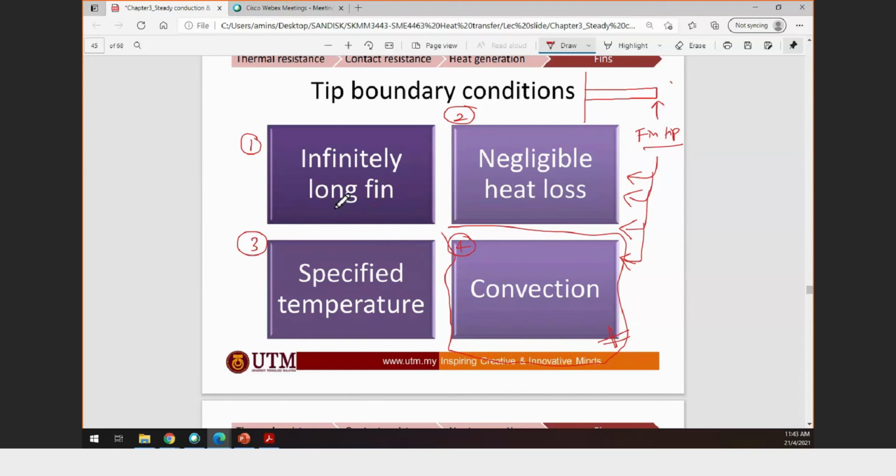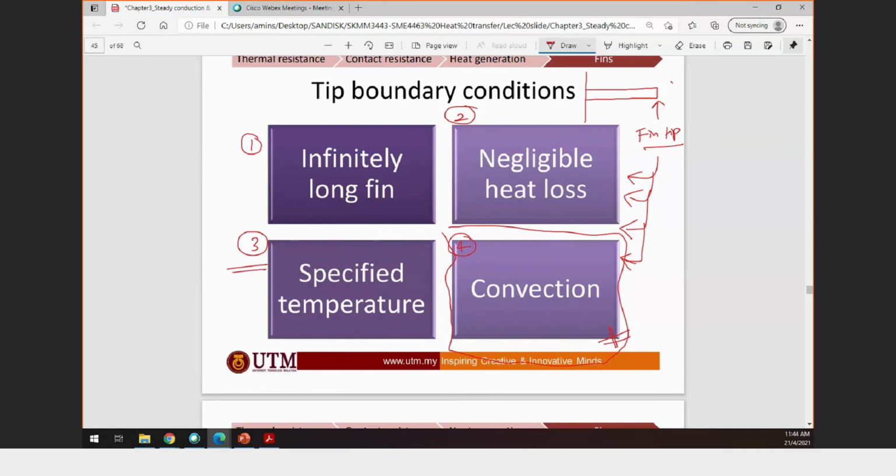So that is the original approach for designing the fin. Next, if they want to design the fin but the fin must have a maximum temperature at this value, then you may use the third condition.